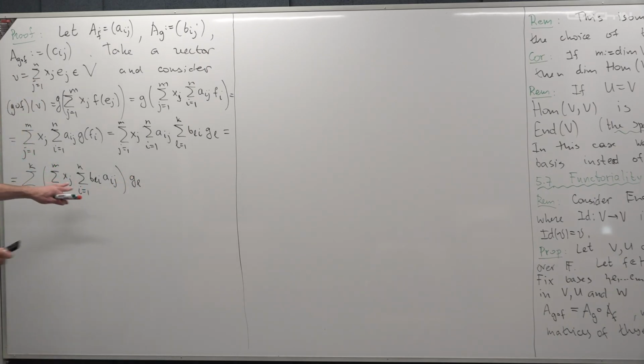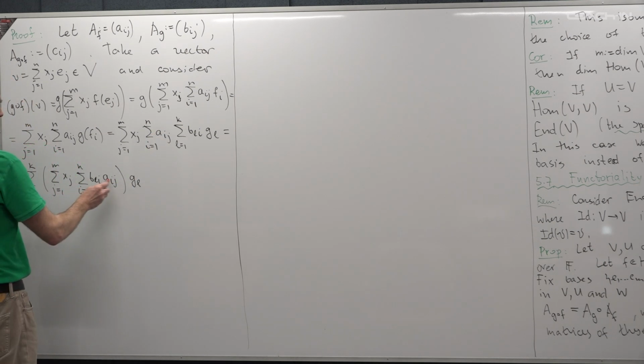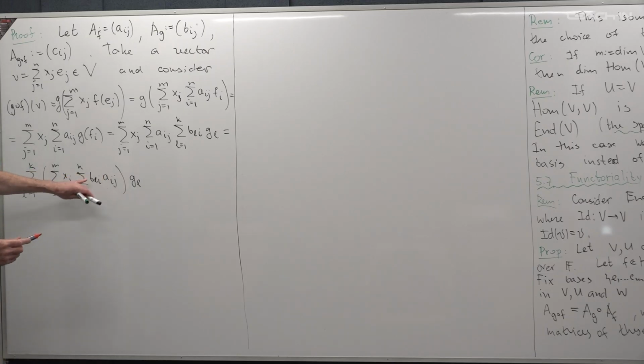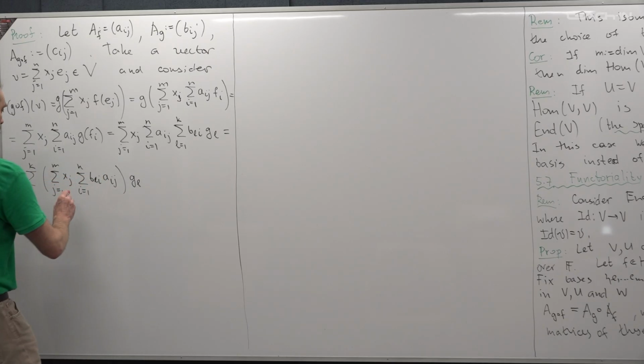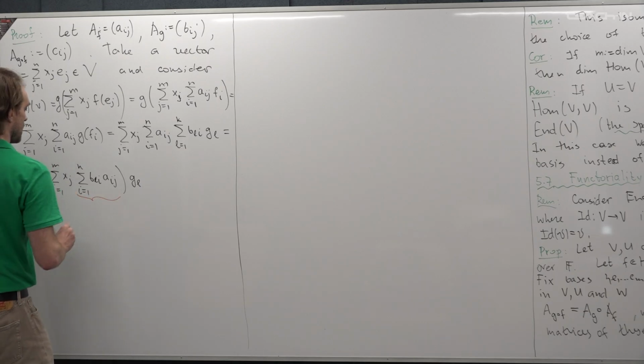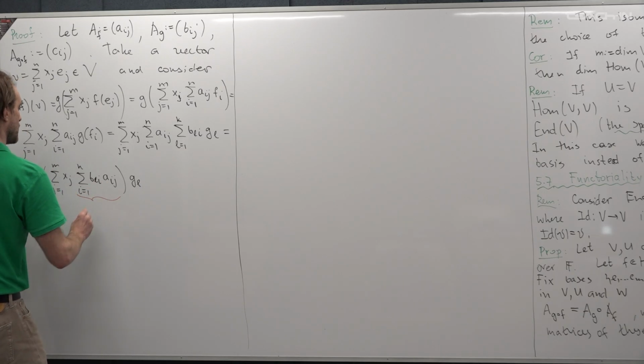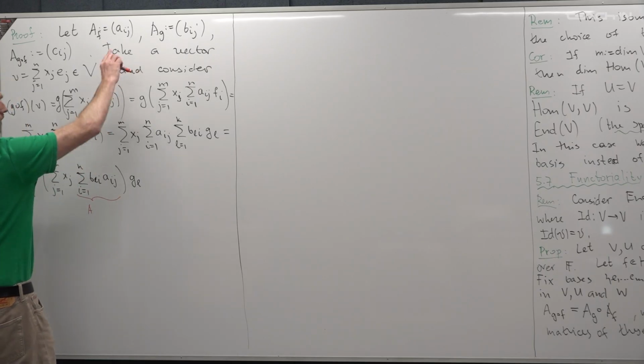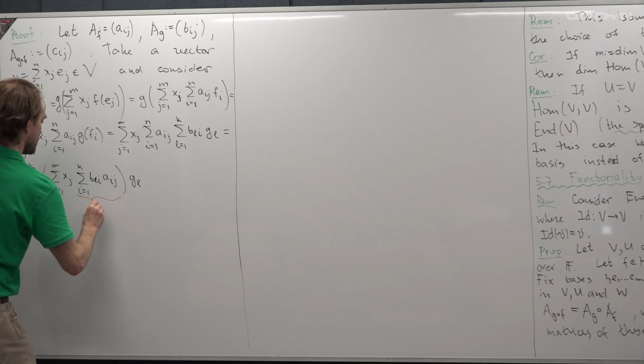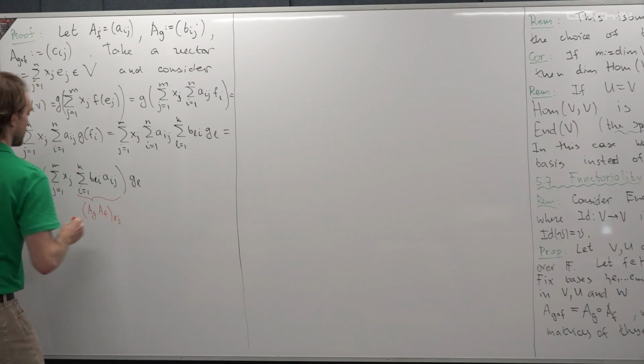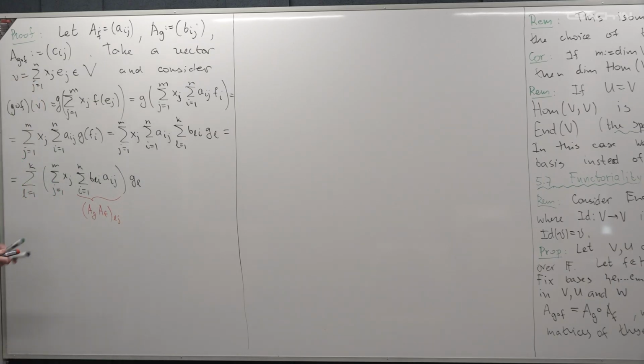I deliberately changed the order of a and b in order to notice that this is nothing but the element of the product of the two matrices. So this is the l-th, j-th element of the product of the corresponding matrices, A_g times A_f. Okay, so this is what we get when we apply these two mappings one by one.